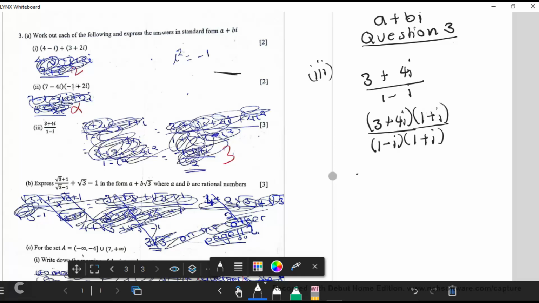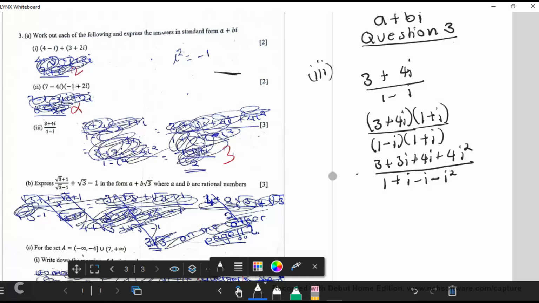So 3 times 1 will be 3. Then 3 times i will be 3i. Then this one times this one is 4i, and 4i times i is 4i squared. Over 1 times 1, it's 1. 1 times i, it's i. Then negative i times 1 is negative i, and negative i times i is negative i squared.